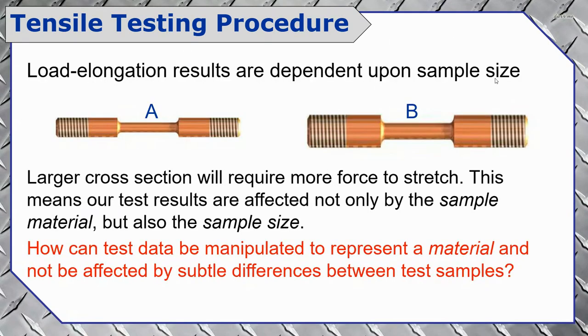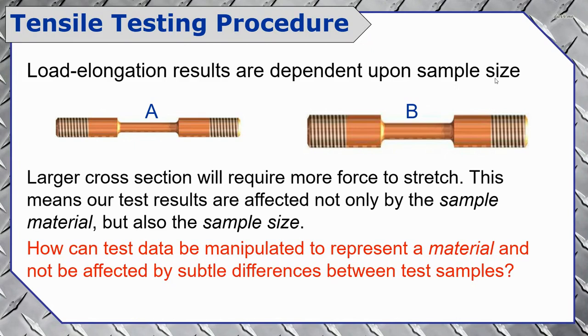The answer is no. Load elongation results are dependent on sample size. So larger cross sections will require more force to stretch. That makes sense. There's more material there, so it's going to take more force to stretch it out. This means that our test results are affected not only by the sample material, but also the sample size.